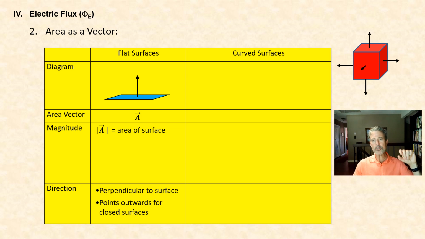So how do we represent the area vector for a closed surface? As you might expect, we look at an infinitesimally small piece of the surface, a piece so small that we can consider it to be flat.